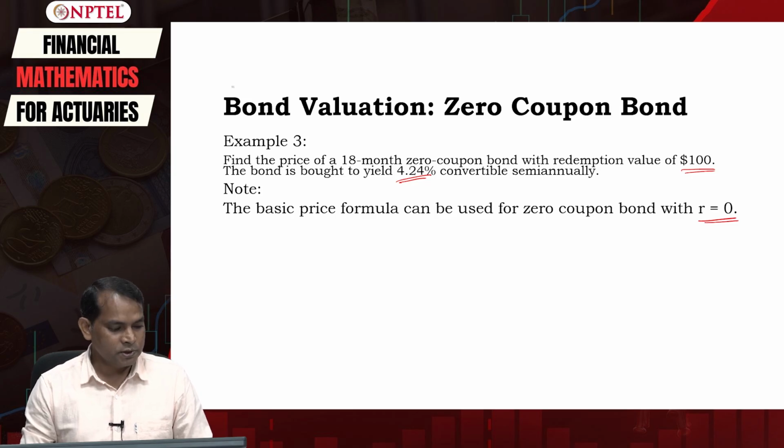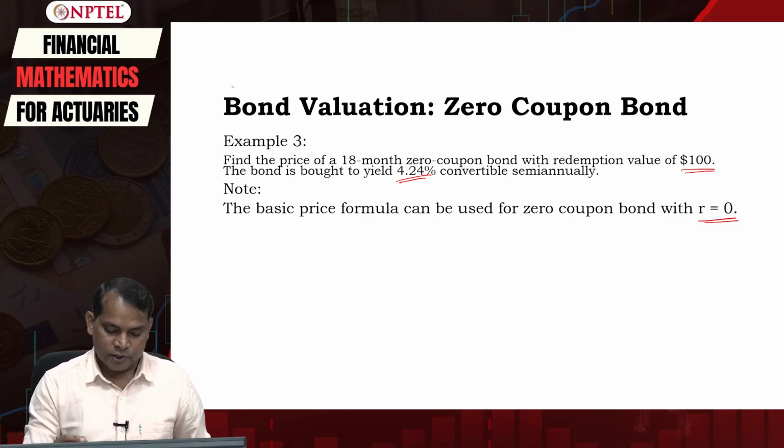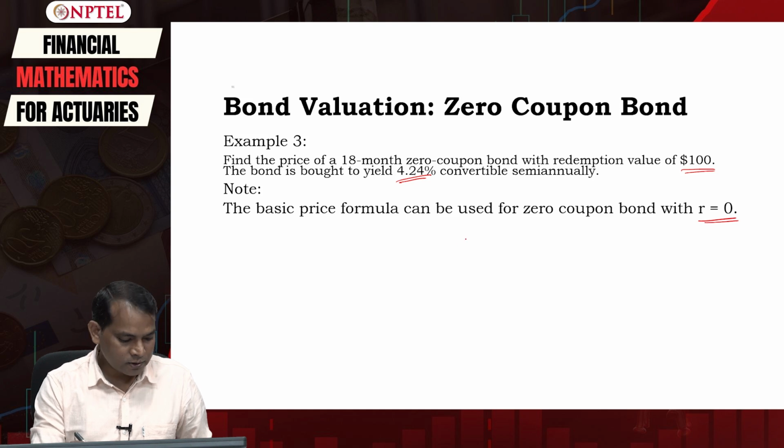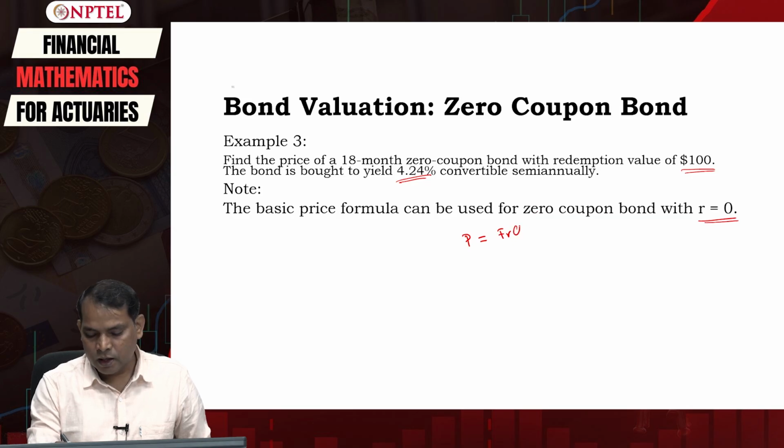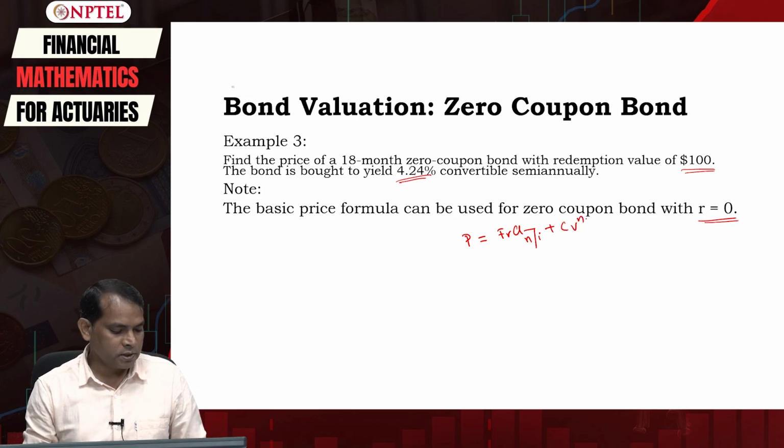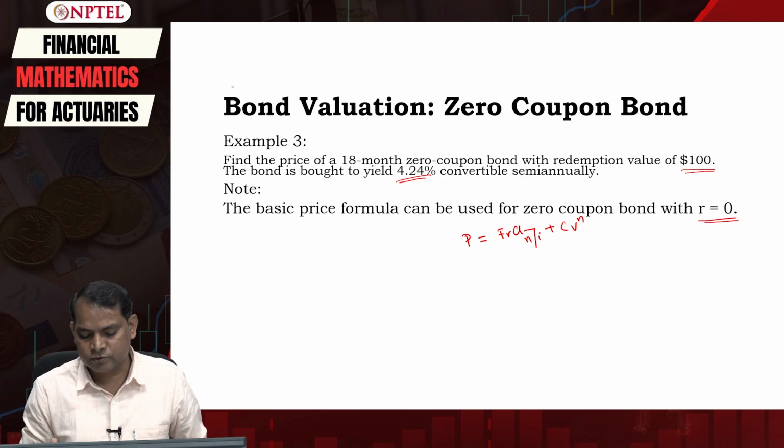So using our basic price formula, what is the basic price formula? P is equal to FR, A angle n at i plus C v to the power n. This is our basic bond price formula.